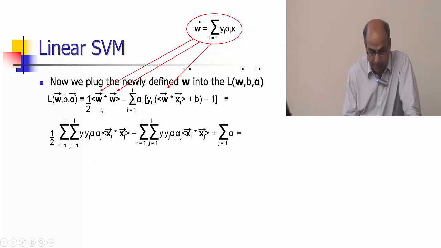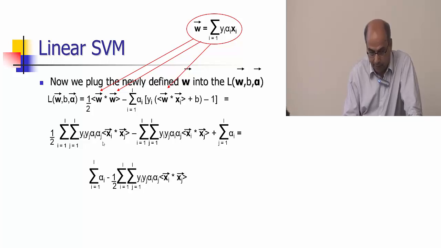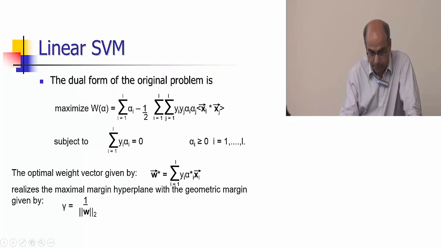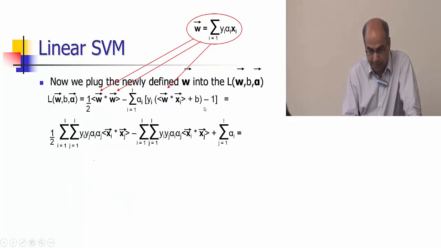In the dot product of w, we'll have yi, yj, a summation here and another summation, from the dot product, and alpha i, alpha j, and then we are going to substitute w here also, so we get another xi from here.